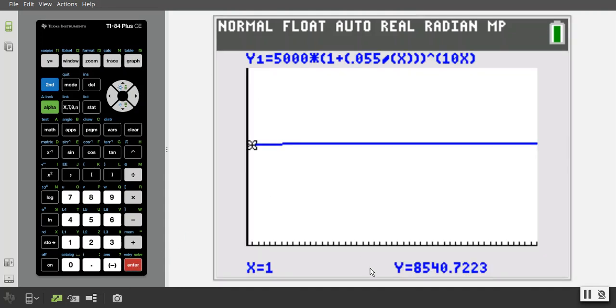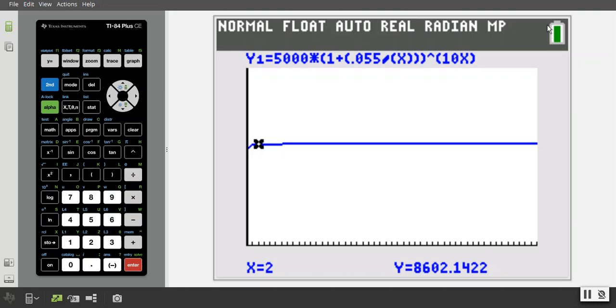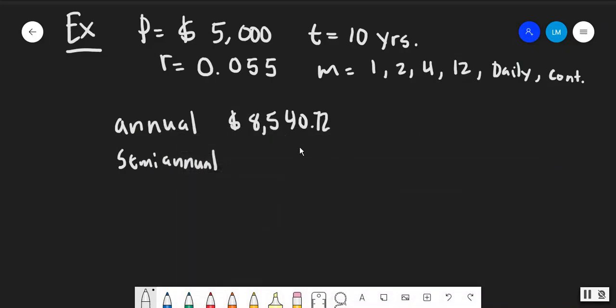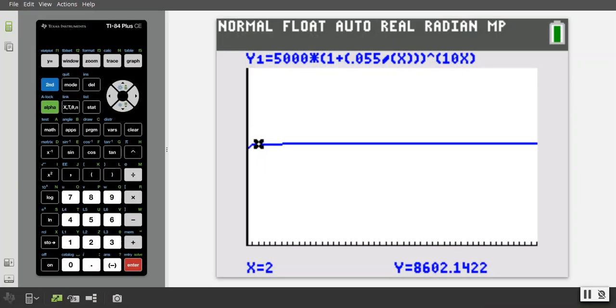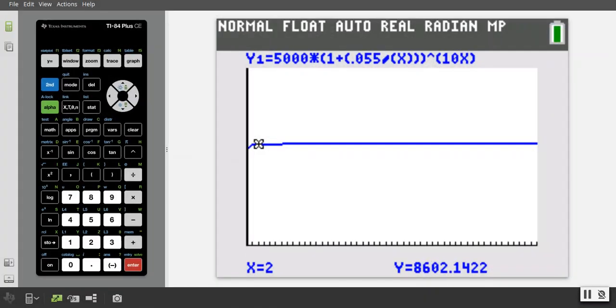Okay, so we have that 8,540.72 is the first one. Semi-annual is 8,602.14.